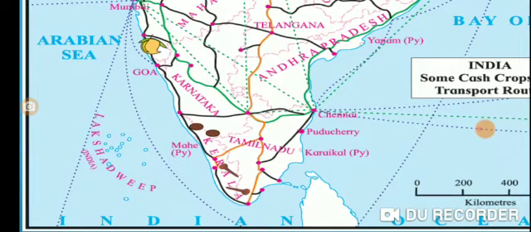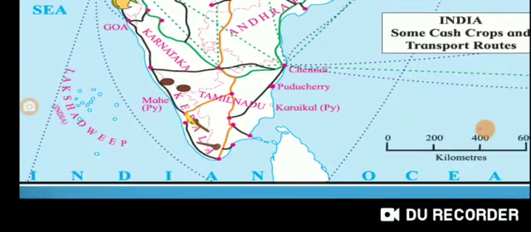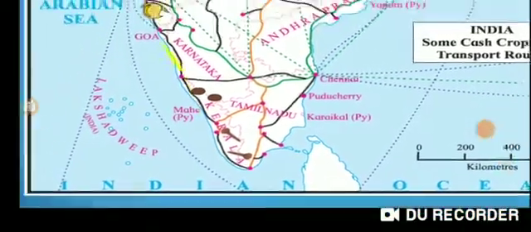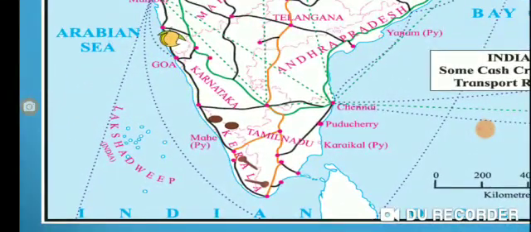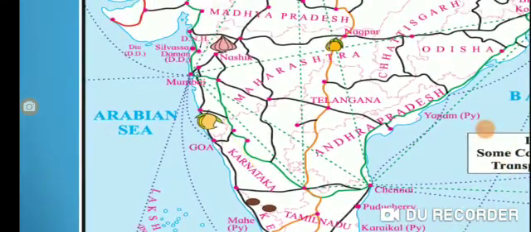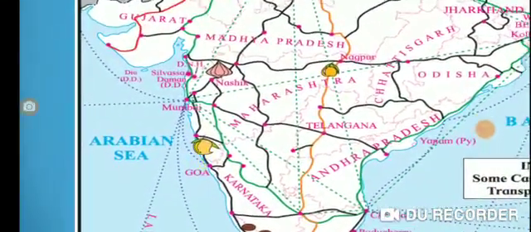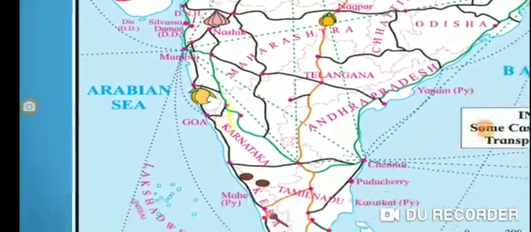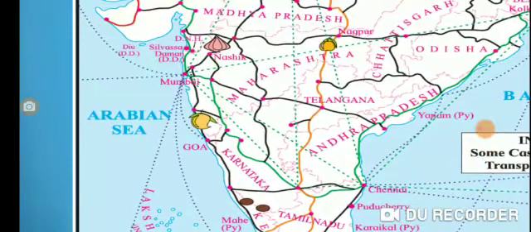Just follow the black route here. See this one. Okay, through this route you move from Kerala to Karnataka. From there, you move to Goa, which is over here. Okay, moving on from Goa, you go further into Maharashtra.